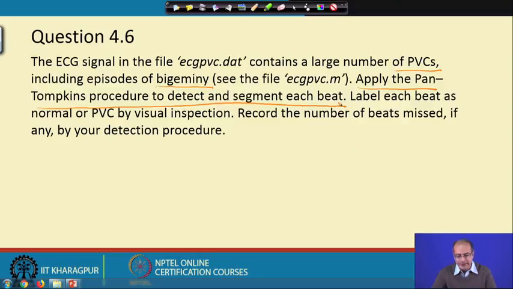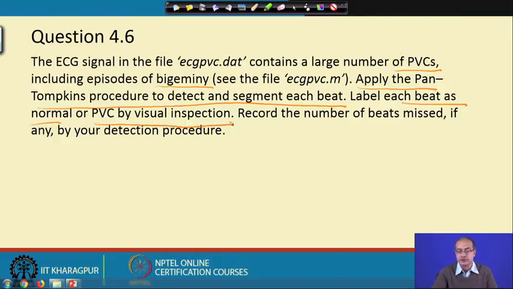So, we get the idea of how the Pan-Tompkins algorithm is successful in detecting the QRS complexes and segmenting those beats, then labeling each beat as normal or PVC by visual inspection.